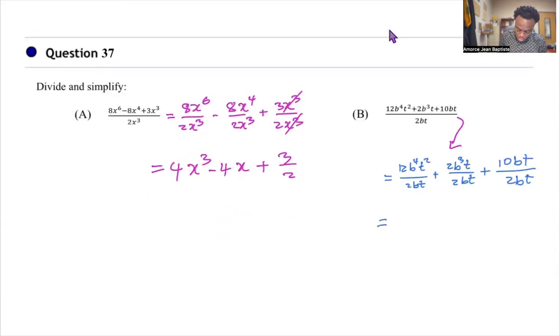And then we would divide 12 and 2. That is 6. b^4 minus 1, that's b^3. t^2 minus 1, that's just t.